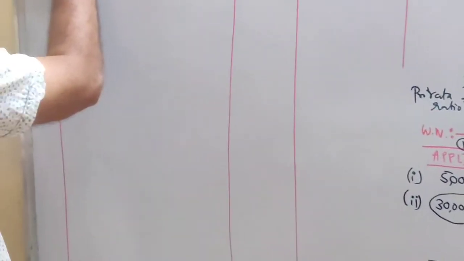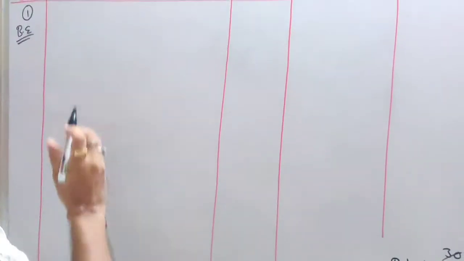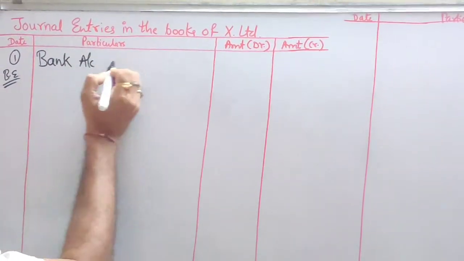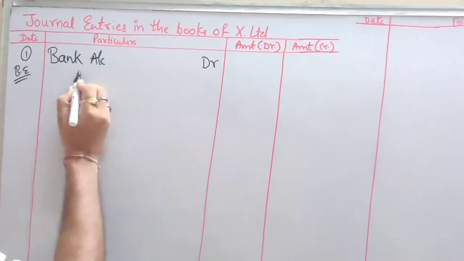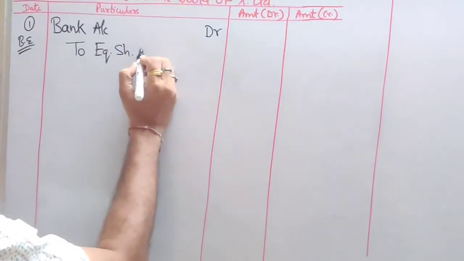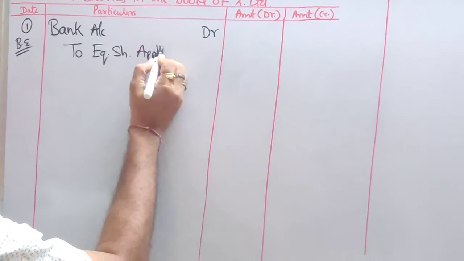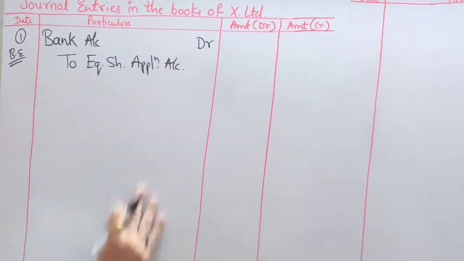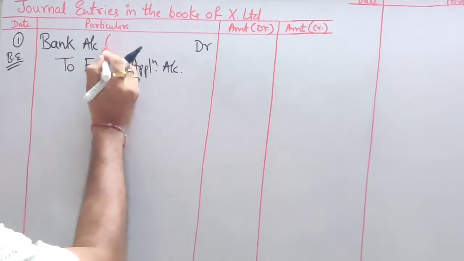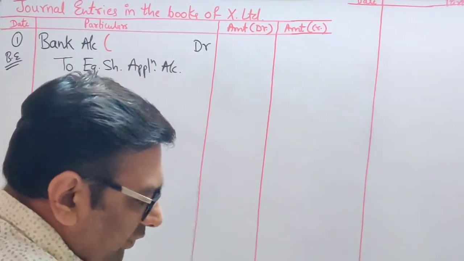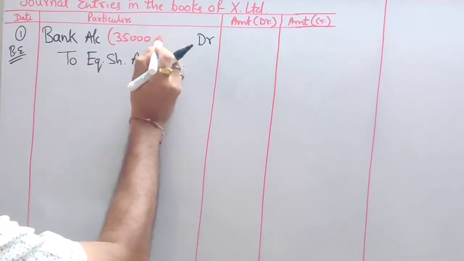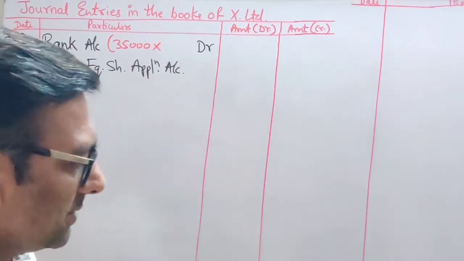So what is your bank entry, students, for application money? Bank account debit to equity share application account. Now let's write down the calculation in bracket. So what is there in the first column? 35,000 shares. So 35,000 shares into application money.